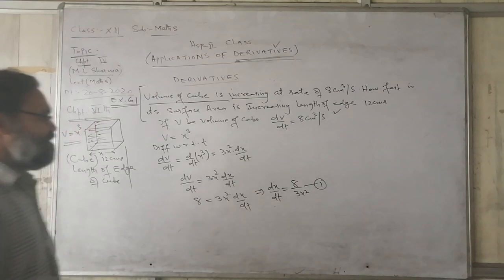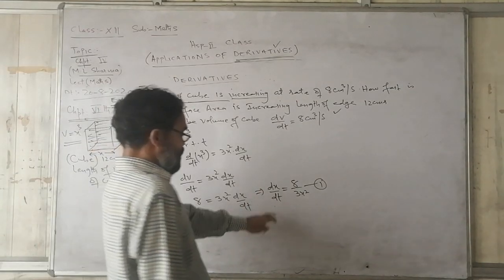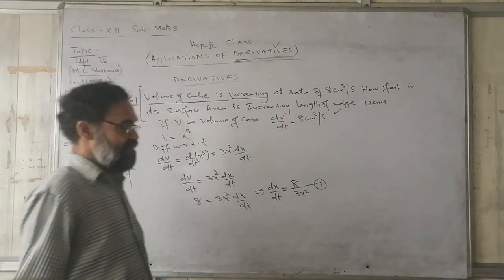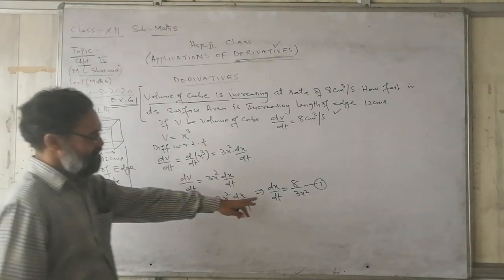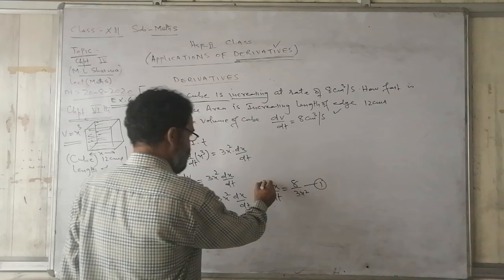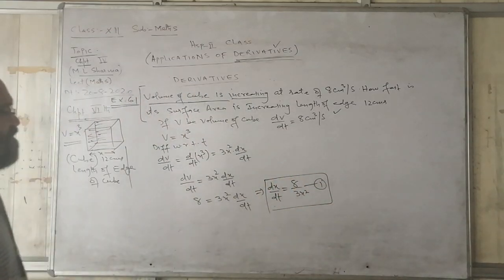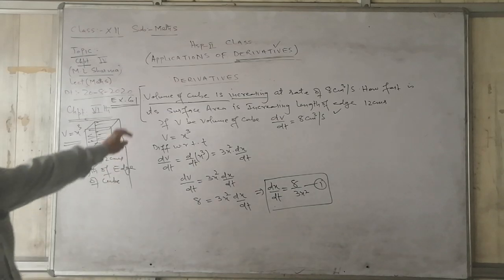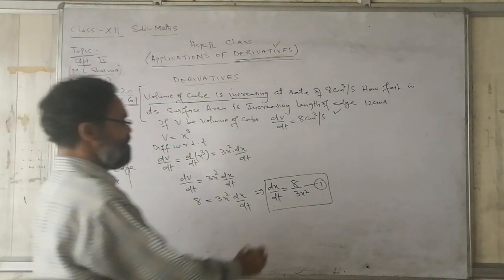Let this be marked as equation first. I have calculated the rate of change of its edge, and this comes to be dx upon dt is 8 upon 3x square.